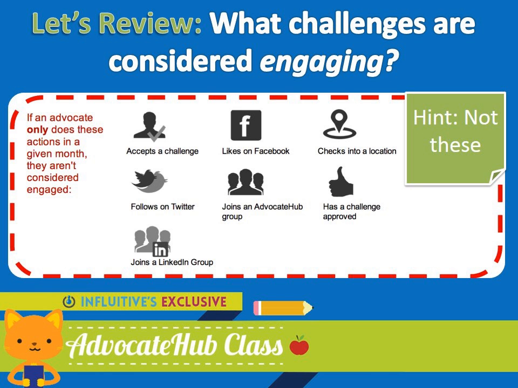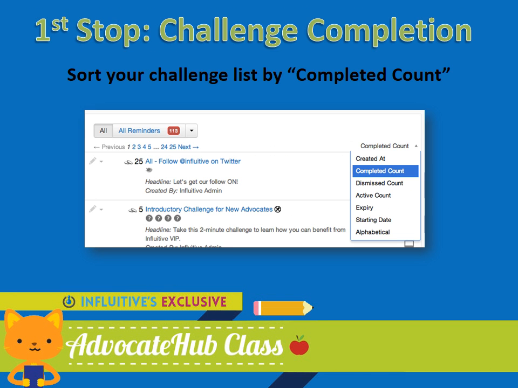So let's begin at our first stop, which is challenge completion count. But before I begin, I just want to let you know that all of the data we're going to be looking at today is coming from VIP. So our Influitive VIP, which many of you are probably already advocates in. So this data will obviously not be the same as that in your hub.